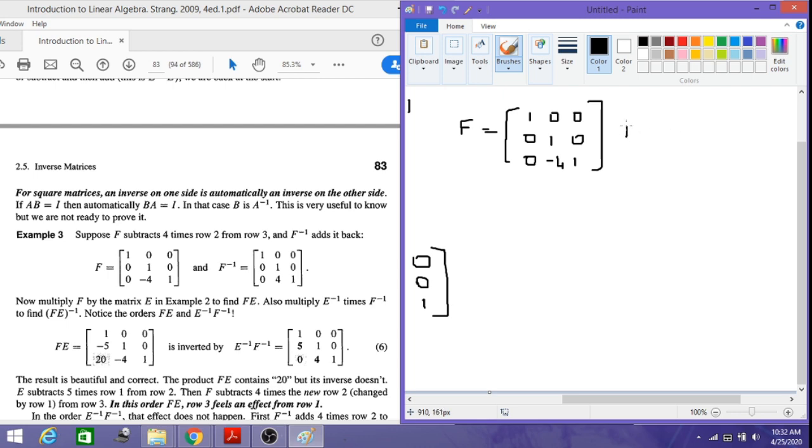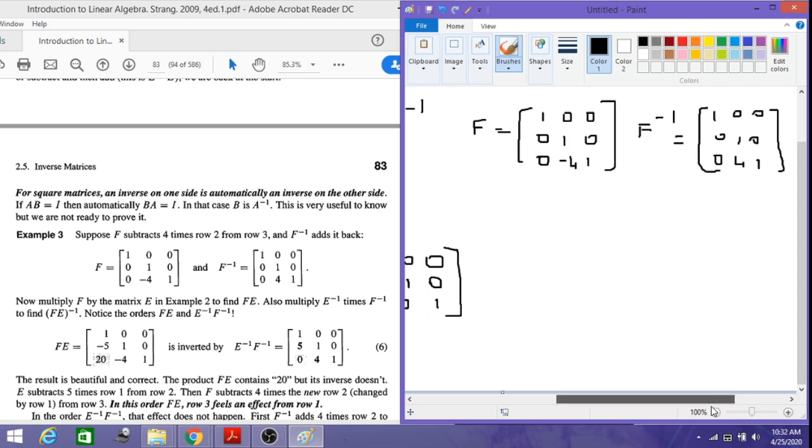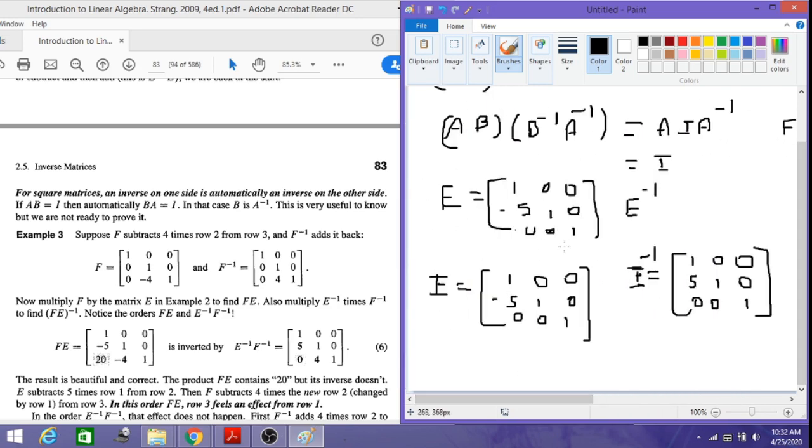So what is the inverse of this F? The inverse of F is the same thing. Now instead of subtracting, we will add in the identity matrix, so that we get 0 4 1. So now this is our inverse of F.